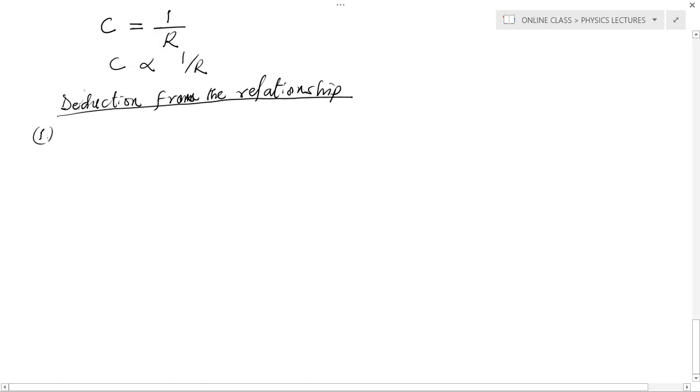Number one is that a good resistor is a weak or poor conductor.